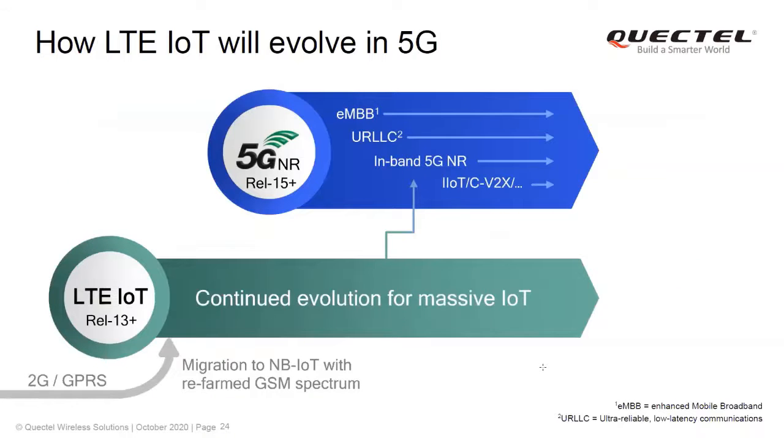Let's see in more detail how this IoT, so current technology for IoT, will evolve in 5G. From 2G, GPRS evolved in LTE IoT by using NB-IoT, for example. And now all this will evolve in 5G in what is called the in-band new radio.